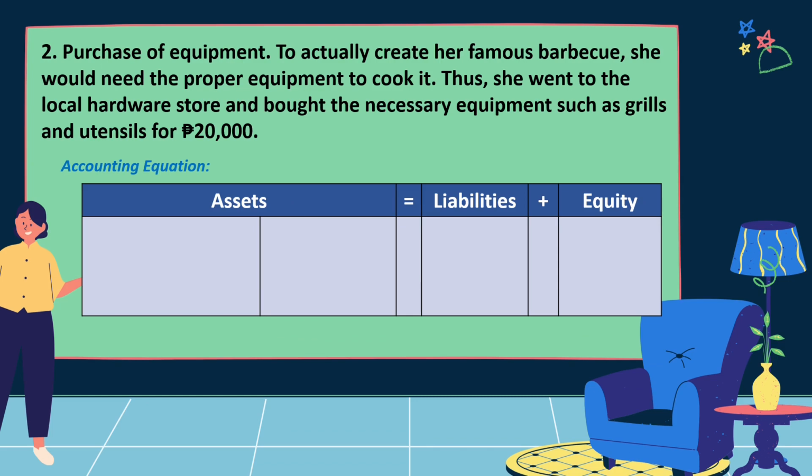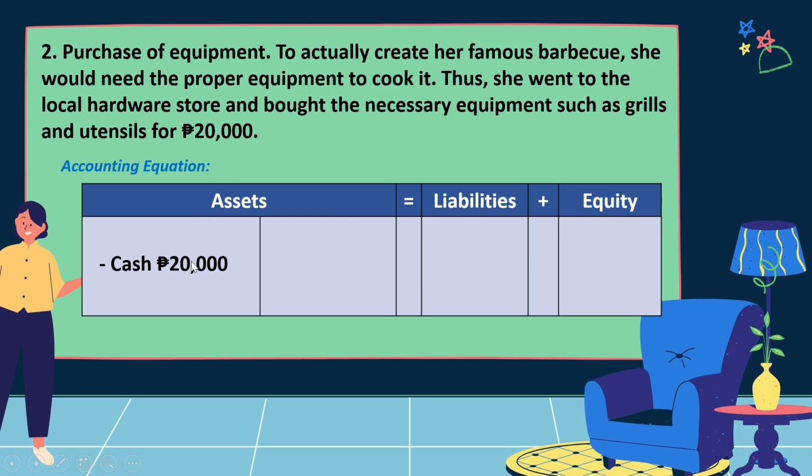Okay, so based from this transaction, we have assets which is cash 20,000. So bakit negative sign ang cash niya na 20,000? Kasi nabawasan ang cash niya worth 20,000 kasi bumili siya ng mga equipments or utensils.